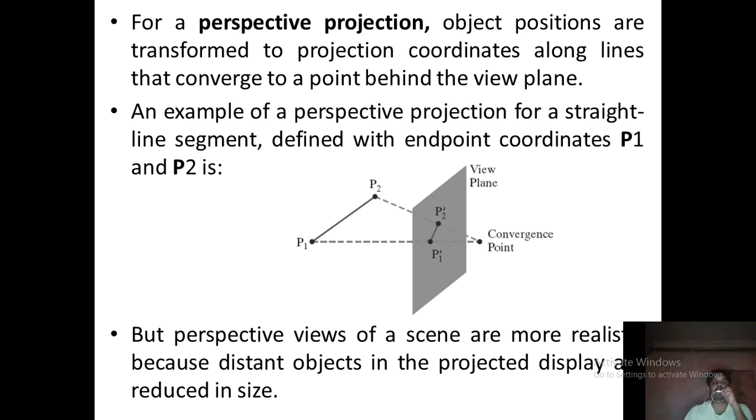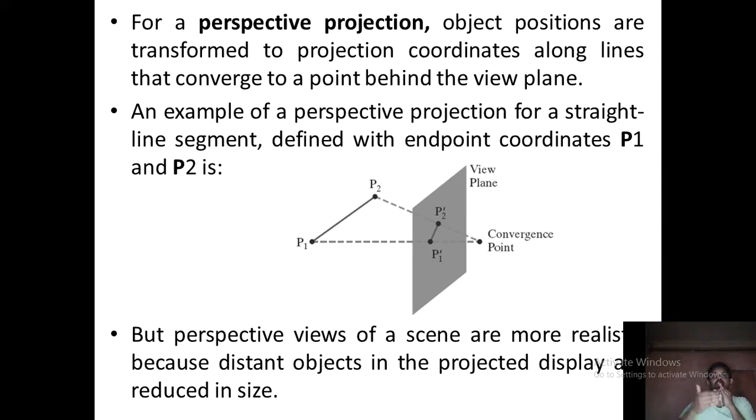Best example I have given: when you stand on a straight railway track and observe with your naked eye for a longer distance, you will feel that the railway tracks are somewhere joined. That is called the convergence point.